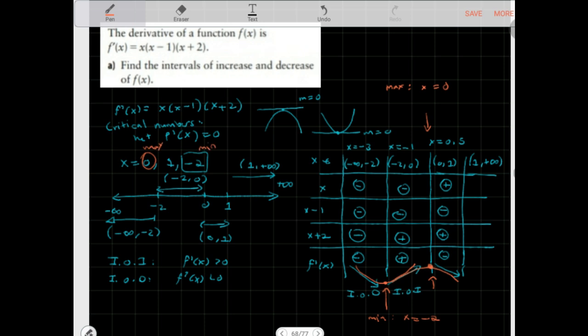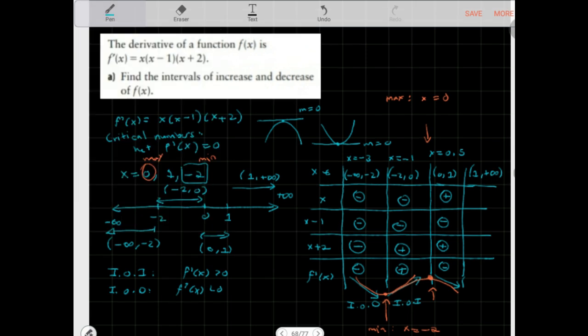Okay, now between the next interval, we have 1 and positive infinity. I'm going to pick a value. So let's say x is equal to 2. When x is 2, this is positive. 2 minus 1, positive. 2 plus 2, positive. And collectively, the three positives will give you a positive. f prime of x is going to be greater than 0, so we're going to have an upward sloping line.